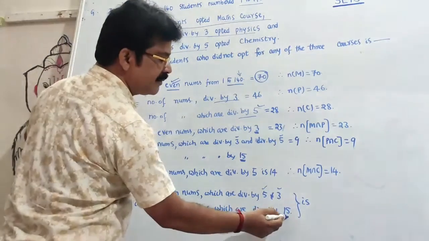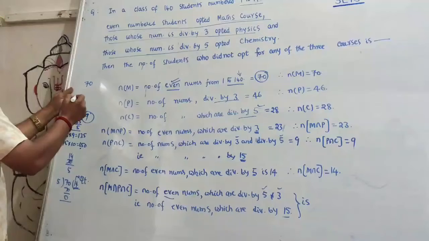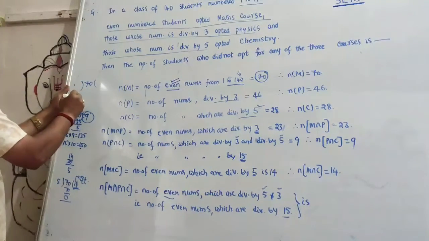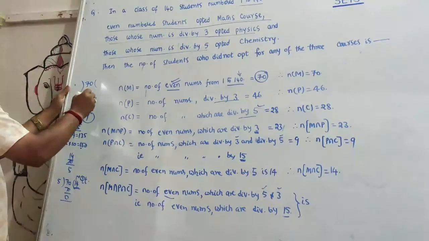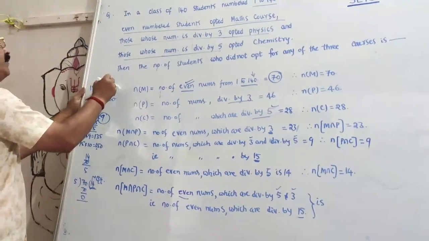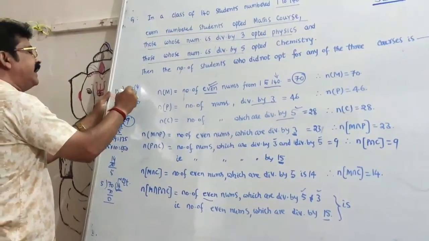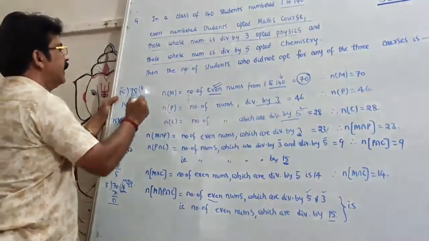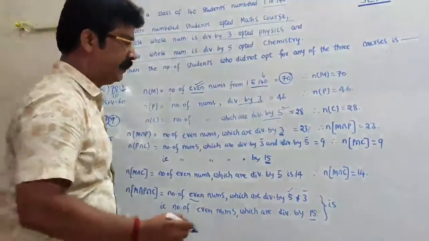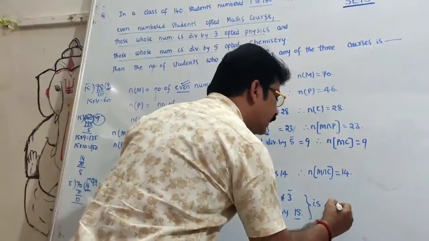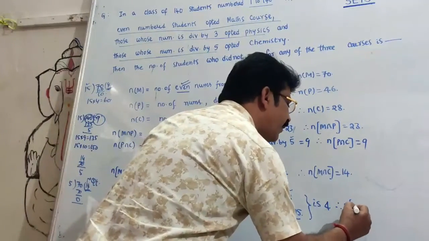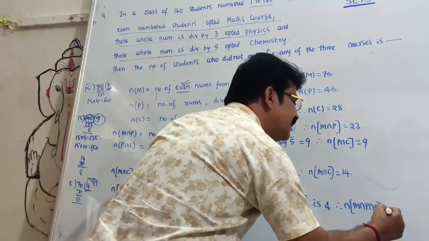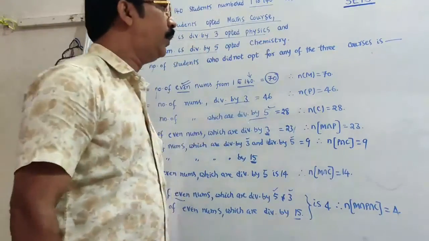Find the number of numbers which are divisible by 15. 15 4s are 60, remainder 10. Of course the remainder is less than the divisor. Therefore the quotient is 4. So n of M intersection P intersection C is equal to 4.